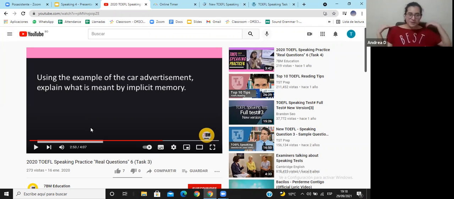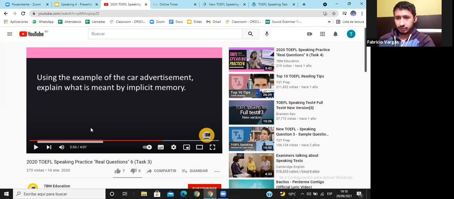Yeah, that will be shorter. But yeah, anyhow, it's mostly about implicit memory. I think they give some context so that you can understand better what implicit memory means. So in order to understand better, maybe you do have to know what explicit one is. But in this case, it's not going to be that important if you don't explain that one.